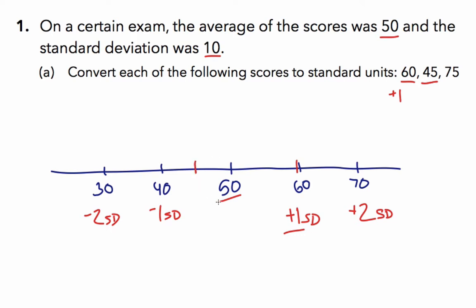This is halfway between the mean and 40, which is one standard deviation below the mean. So in standard units, 45 is negative 0.5. Finally, 75 is located to the right of 70, so in standard units, it is plus 2.5. Note that the value on the video itself is incorrect.